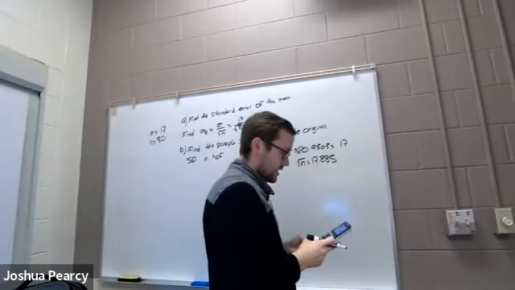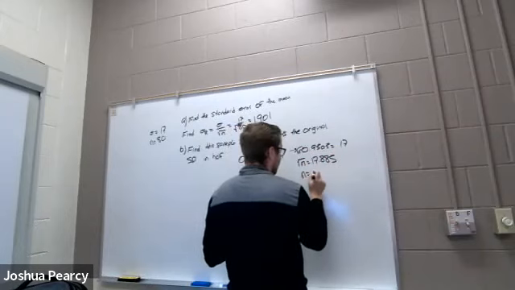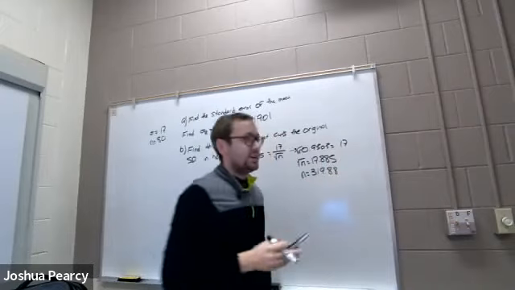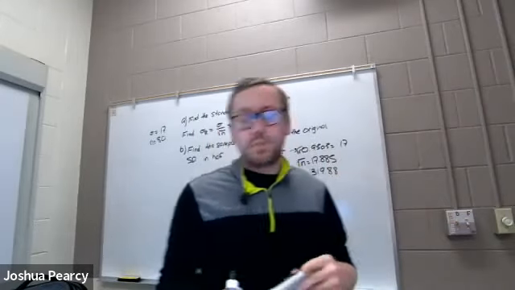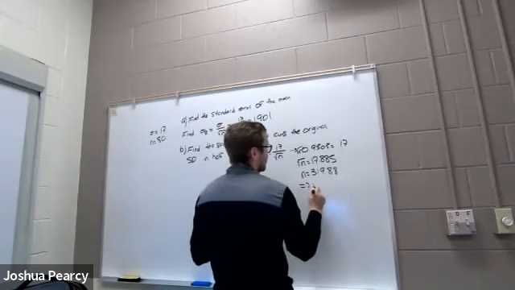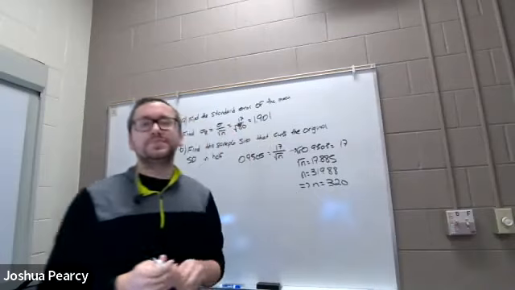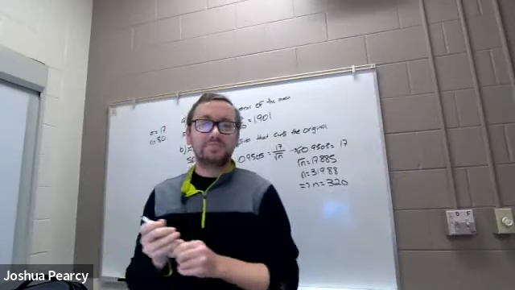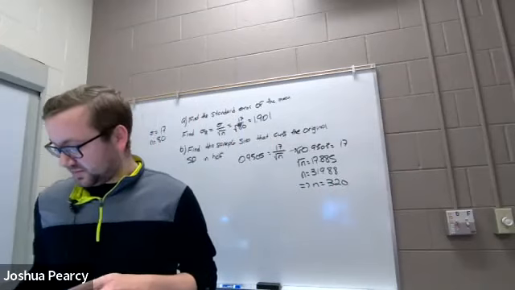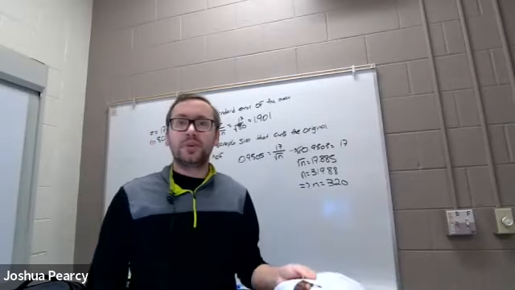Then if you square that, it gives you 319.88. And you can't sample 0.88 of a person, so then you round that up. So you need to sample 320 people. And that's the correct answer. Everyone okay with that? Okay, cool.